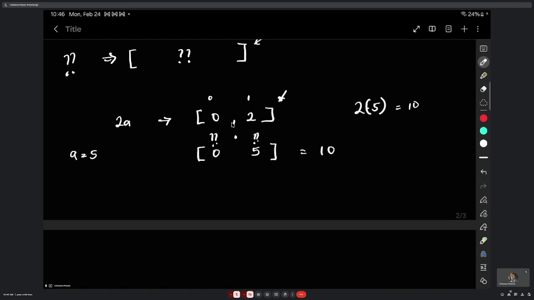But even if instead of 0 it can also be 1, right? Instead of 0, 5, it can also be 1, 5. Yeah, because this one is 0, so even 1 million and 5 will still work.